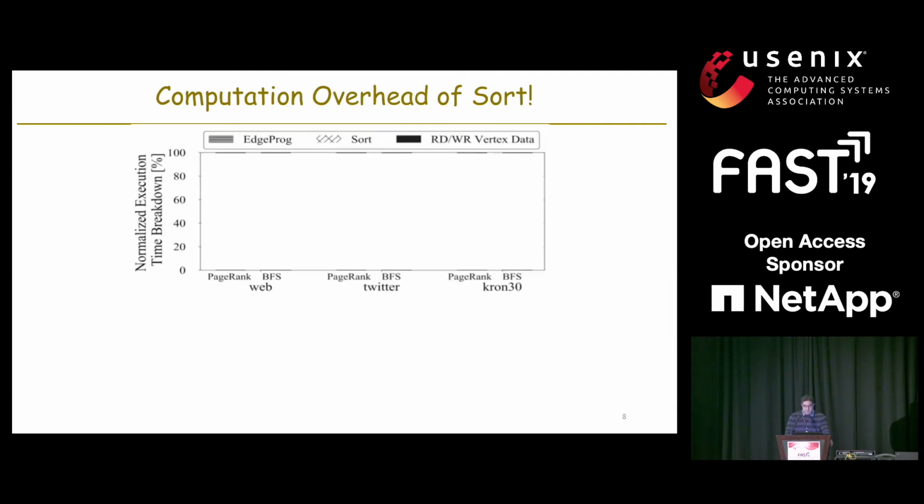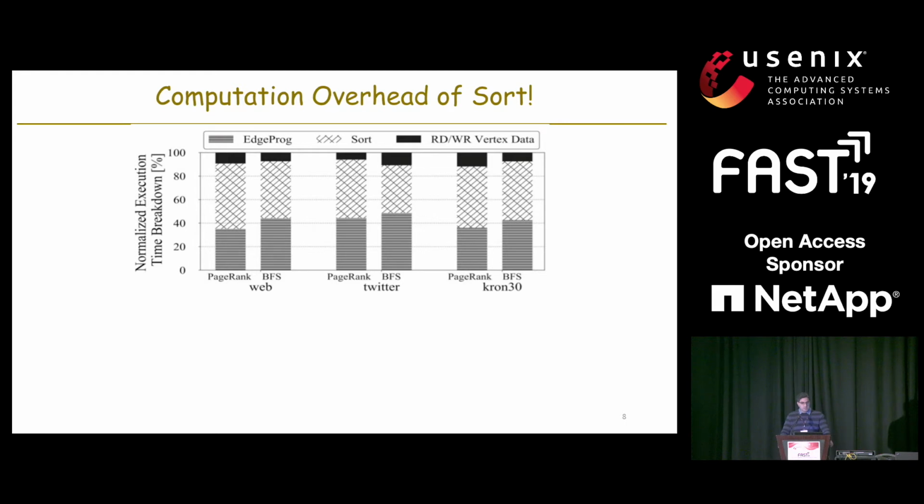So we want to look at the execution time breakdown for GraphBoost running PageRank and the breadth first search, or BFS, algorithm on different graph data.